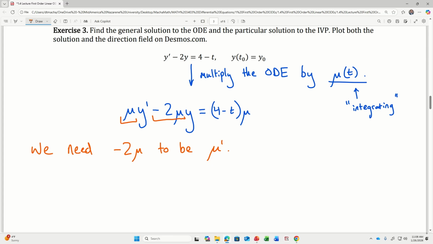So if I need -2 mu to be the derivative of mu, I can write myself a little differential equation. And you can solve this differential equation because it's a separable equation. It's an autonomous first-order equation.